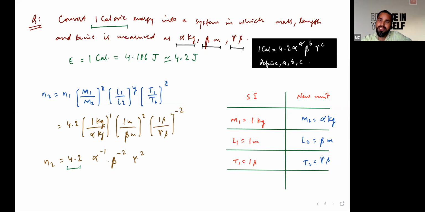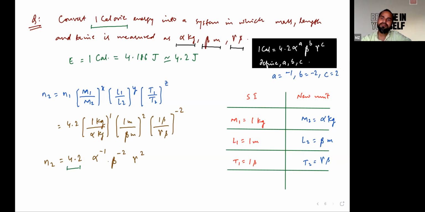Here we have the exponent as a, and here we have obtained -1. So a would be nothing but -1. Okay, Muhammad Umar? Similarly, we can compare to solve for B and C as well. So from this comparison, A would be -1, B would be -2, and C would be just +2.